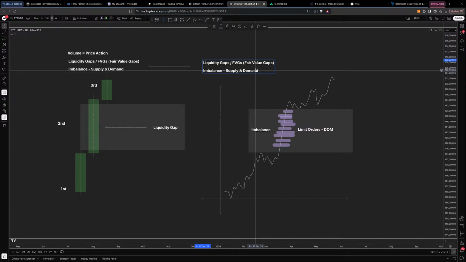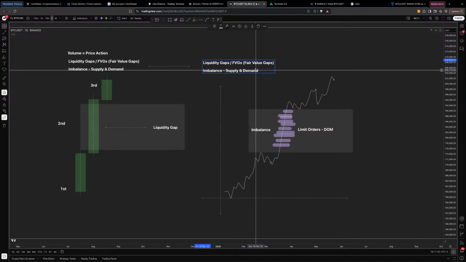There's no such thing as efficient markets, because otherwise markets would be perfect and they wouldn't need to move. But at the end of the day, price tries to be. And in order for price to be efficient, it needs to fill this resting liquidity that created this imbalance in the near future, right?